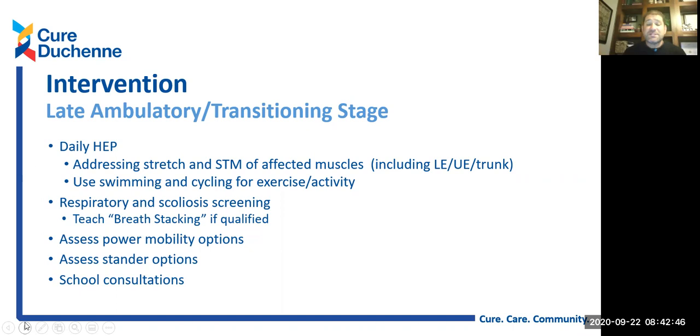Use of swimming and cycling for exercise becomes more important as they're walking less and getting more sedentary, with less activity and less exercise. We want to try to find those things, whether it's power wheelchair soccer or different activities that they can engage in and not have to worry about the walking part of it. We really want to look at scoliosis and their respiration.